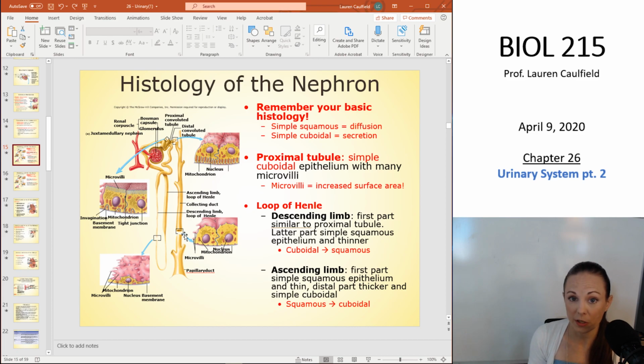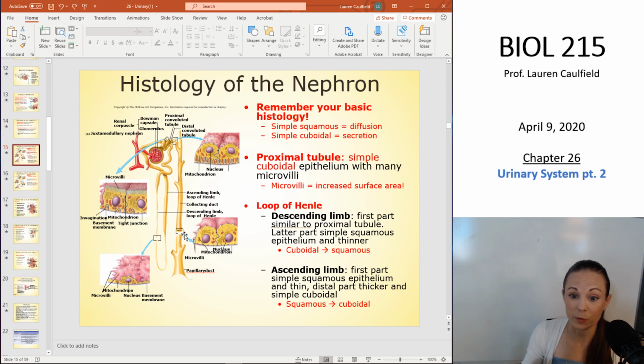So we already talked about the Bowman's capsule, and we talked about the fact that that filtration membrane and our layers of our Bowman's capsule, as well as our glomerulus, are going to be composed of simple squamous epithelia. Okay, so our capillary endothelium, our podocytes, and that parietal layer of the Bowman's capsule are all simple squamous.